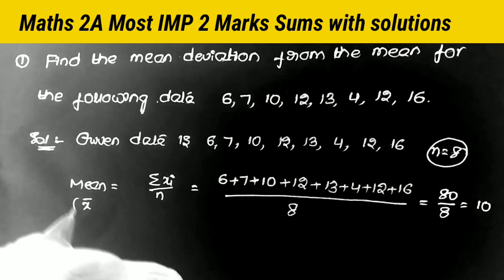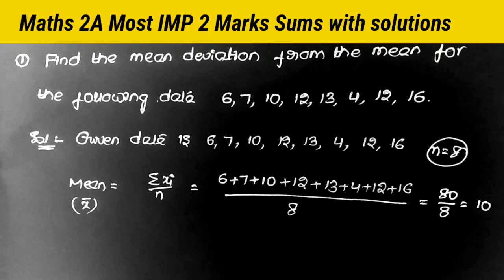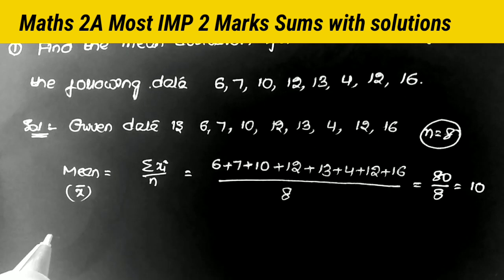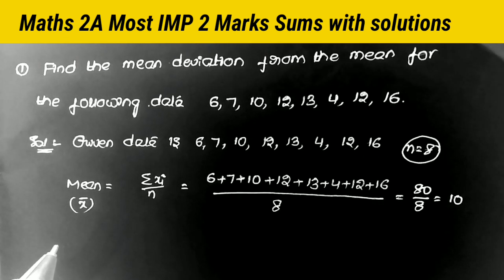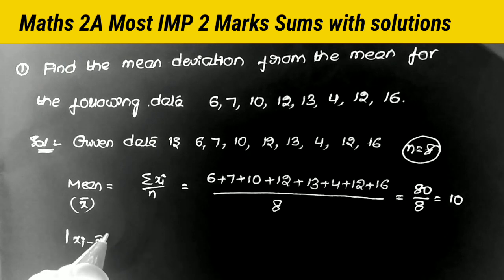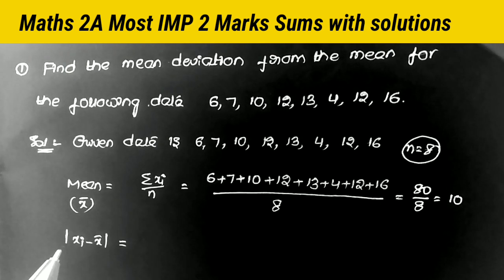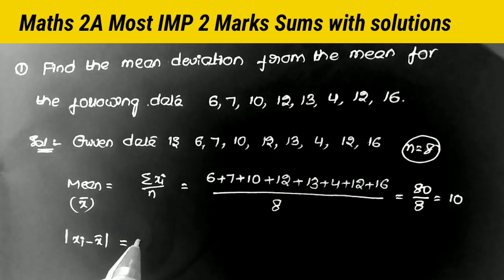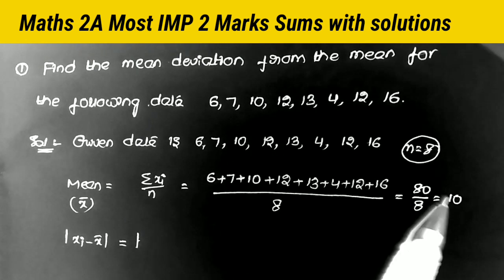The mean has the notation x bar. x bar is equal to 10. Now taking the deviations: modulus of xi minus x bar, that is, modulus of observation minus mean value.